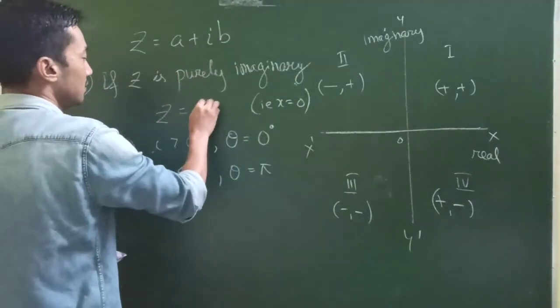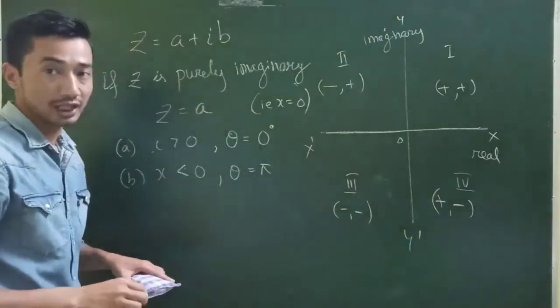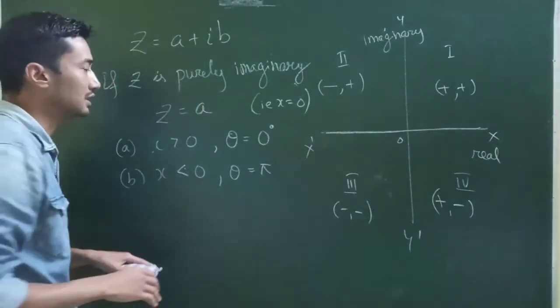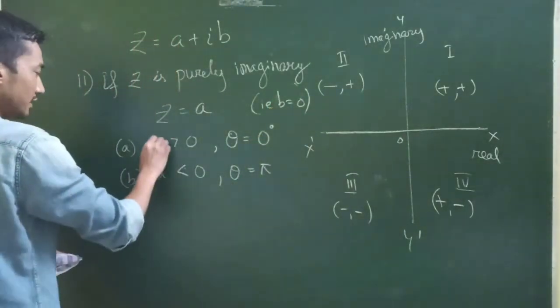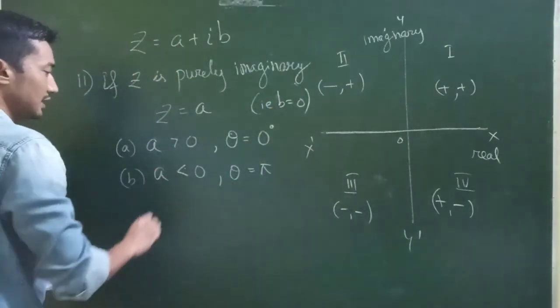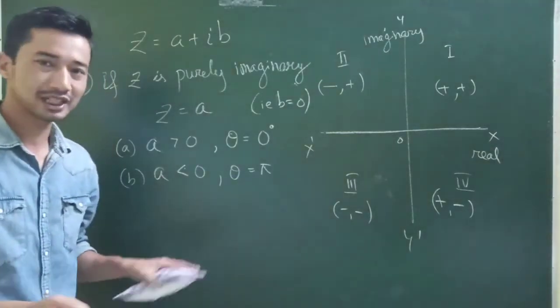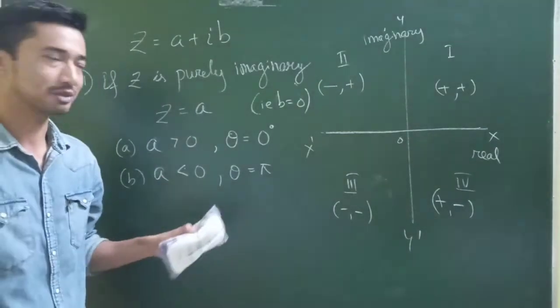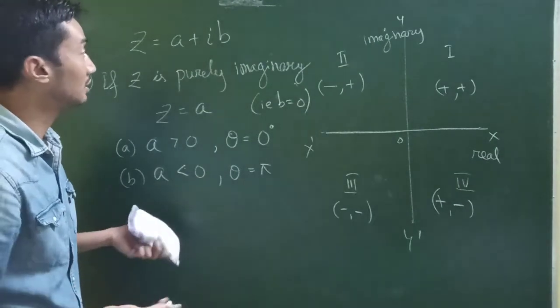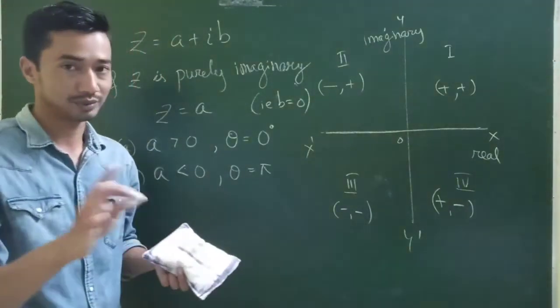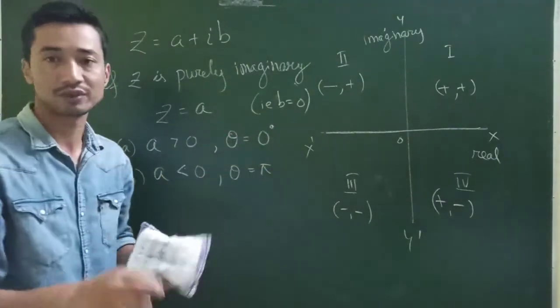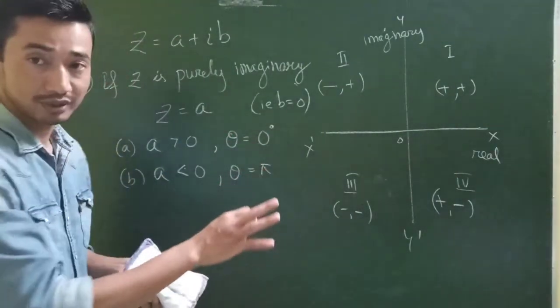For the first case, if z is purely real, then z will be A. Okay, don't worry about the letters. That means B is equal to 0. So in that case, either A is greater than 0 or A is less than 0. The remaining things will be same, just the letters. Don't get confused. You must be wondering, oh, all of a sudden how did the A change into X? Where did Y come from and all? Don't be worried about that. Just the letters. I had a small confusion, but the remaining things remain the same.